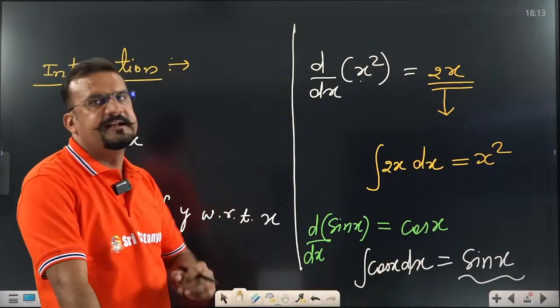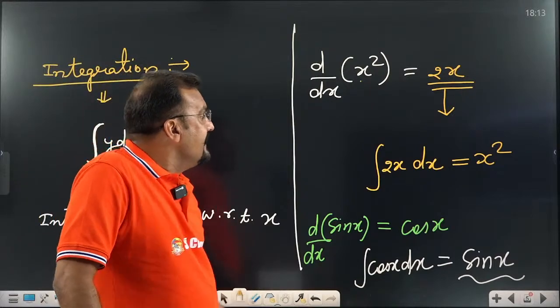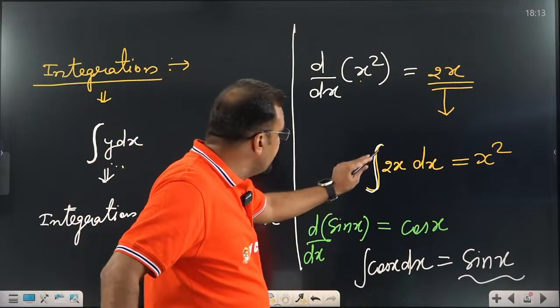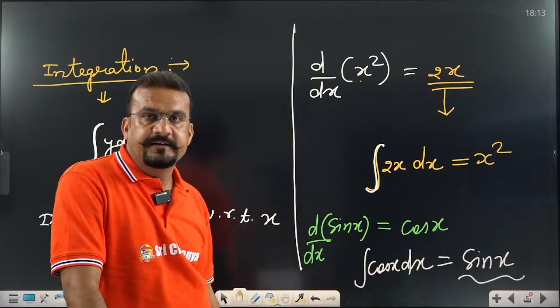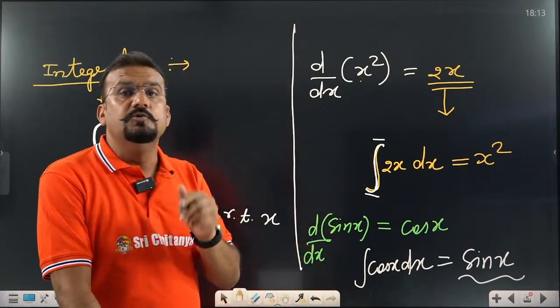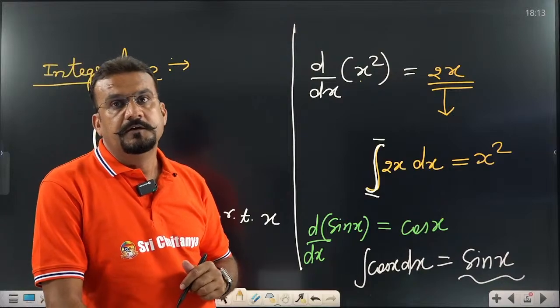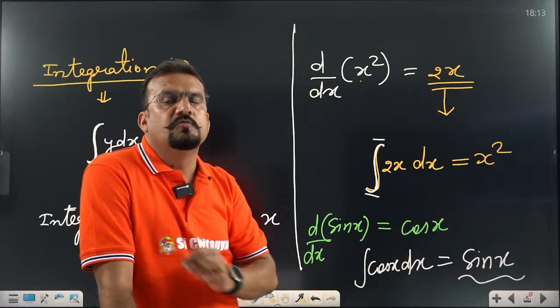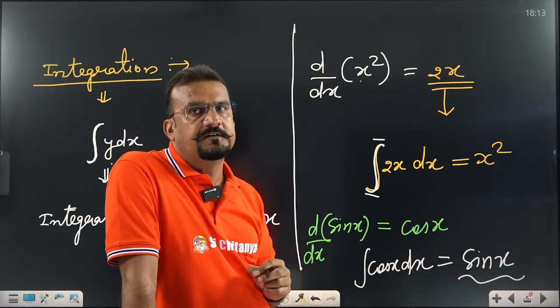One more thing, my dear student. What is that? Integration means sum. This is the integration sign. If nothing is mentioned on this, means no limits are given. That means we don't know from where to where we have to add the function.